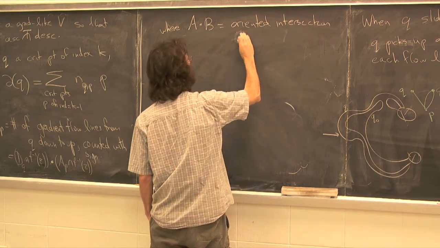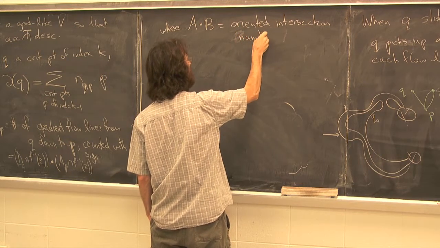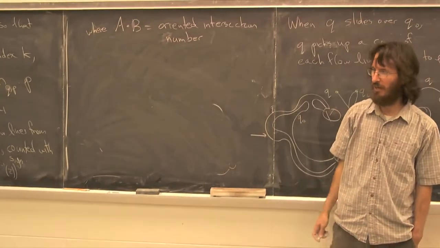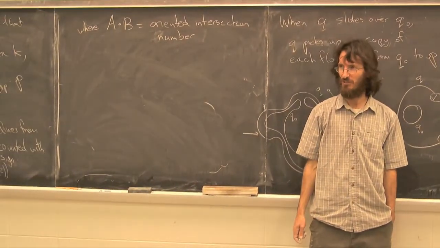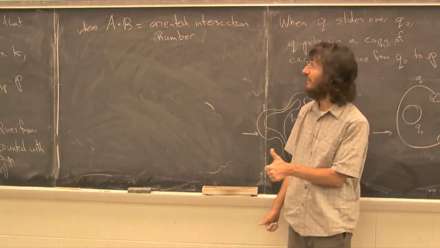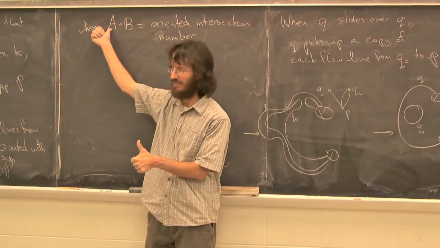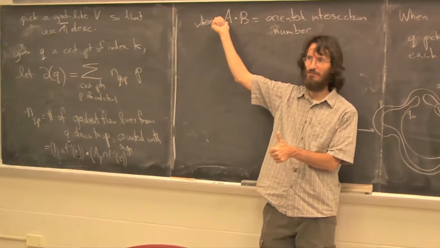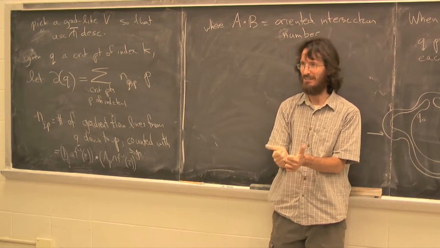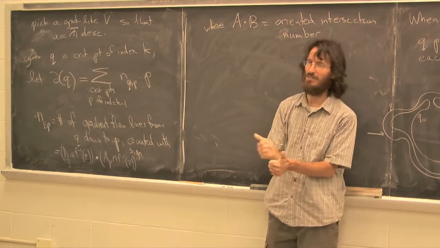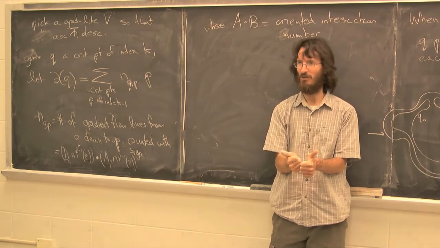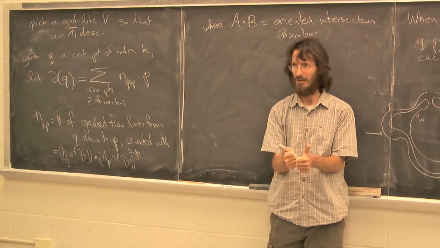So anytime you have two oriented submanifolds in an oriented manifold with complementary dimensions intersecting transversely, you can assign a sign to each intersection point by saying: take the oriented basis for the tangent space to A at that point, followed by the oriented basis for the tangent space of B at that point, concatenate them, that gives you an oriented basis for the tangent space of the ambient manifold at that point, and compare that to the given orientation of the ambient manifold.